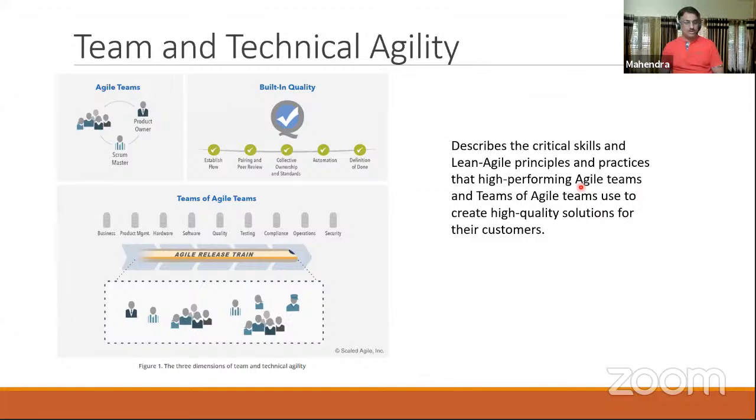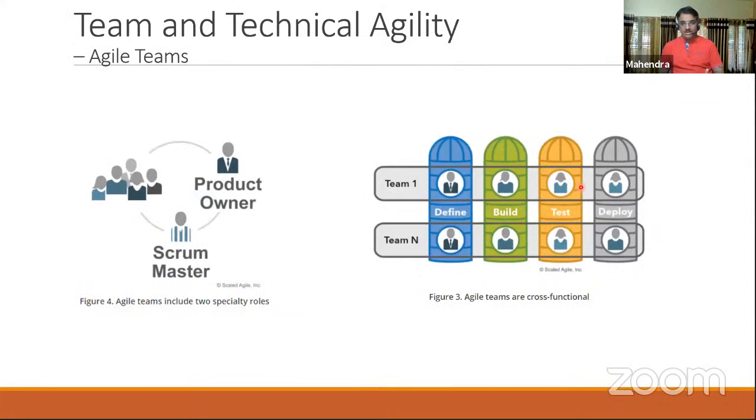Yeah, thanks. The first is team and technical agility. This describes the basic critical skills of lean and agile principles and practices, which the agile teams and the teams of agile teams should possess to create high quality products. So this competency is all about that.